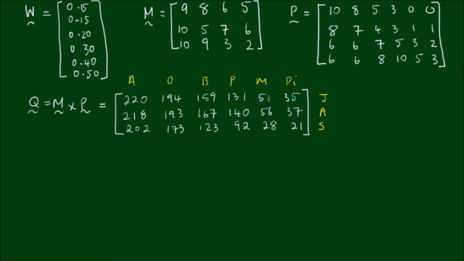Okay, well, since we have the quantities of each fruit for the months of July, August, and September, it follows then that we can work out the wholesale cost for all of the fruits in these months by multiplying the matrices Q and W. So the quantities of each fruit by the wholesale cost of each fruit. And let's call this new matrix matrix C for cost.